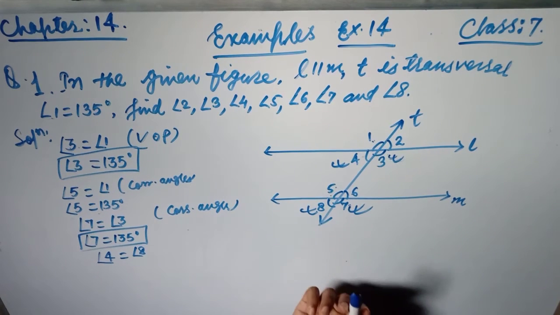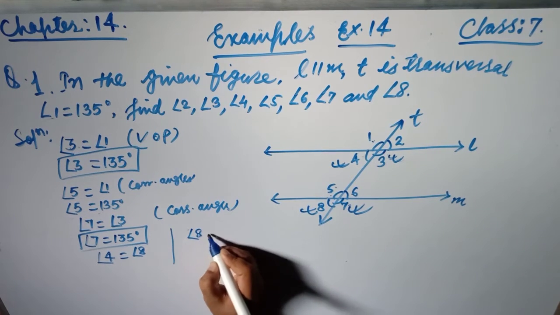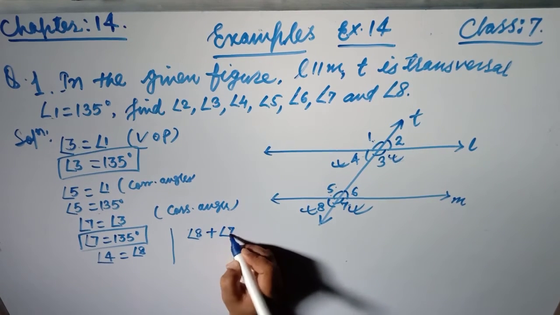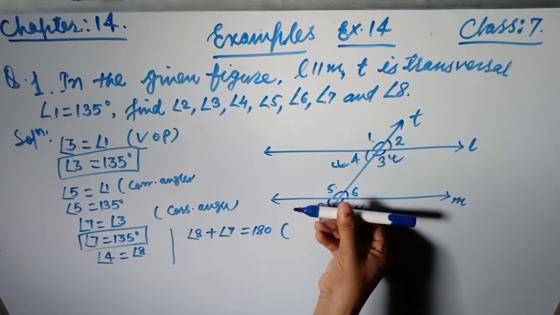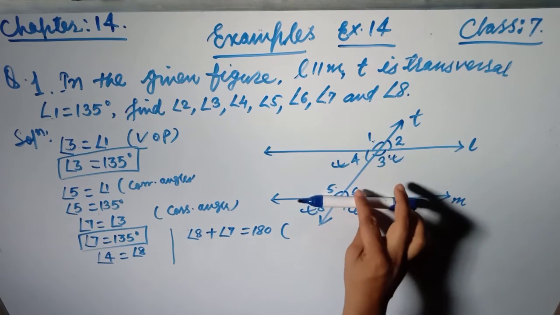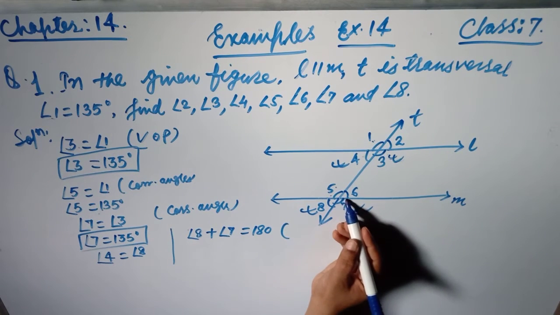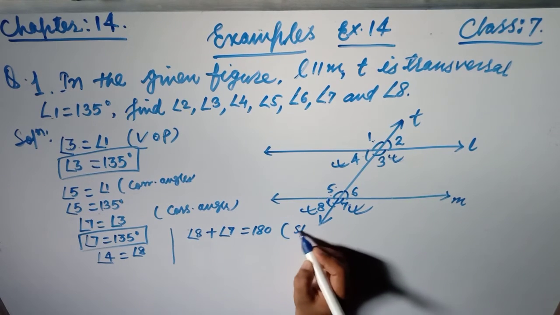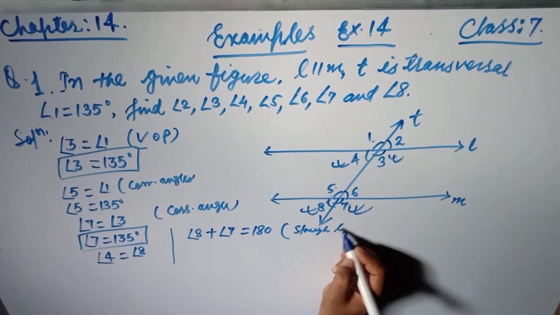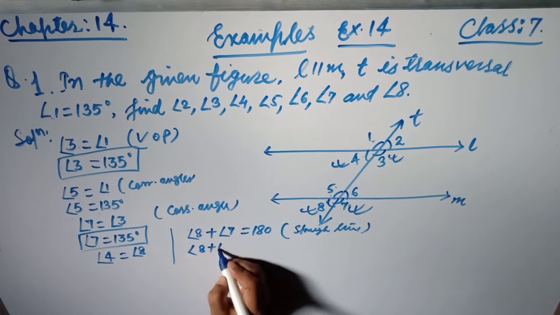Okay, now see friends, angle 8 plus angle 7 is equal to 180 degrees, a linear pair friends, because a straight line, this is the line and this is the ray, so the sum of angle 8 plus angle 7 is equal to 180 degrees by straight line. Okay, so angle 8 is as it is and angle 7 is 135.